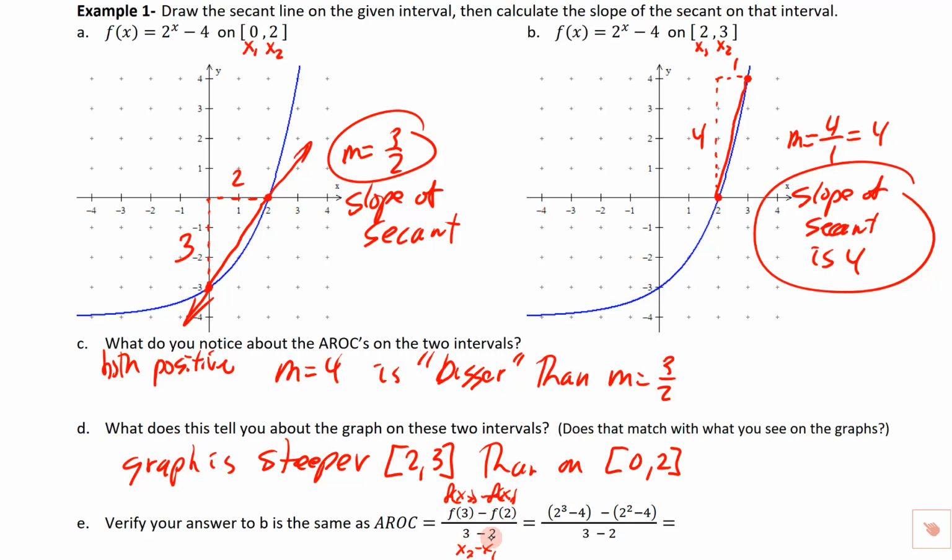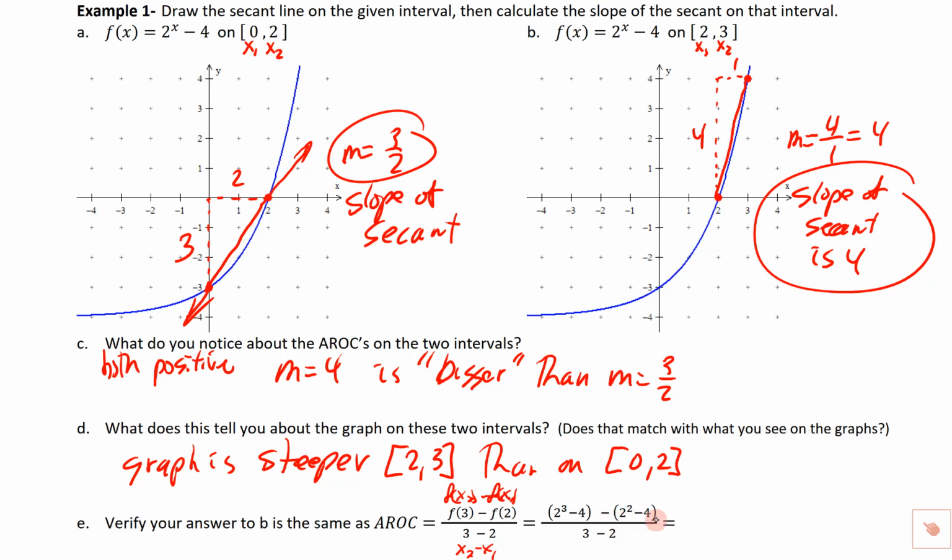So we have 3 minus 2 here, and this is f of 3 minus f of 2. Well, the function was 2 to the x minus 4, so that would be 2 to the 3, because we're plugging in a 3, minus 4, and then minus, we want to make sure we have that minus here, and especially when there's more than one term here, we want to make sure that we put that in parentheses.